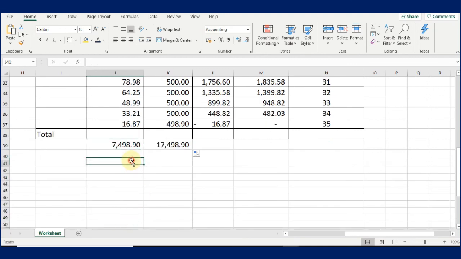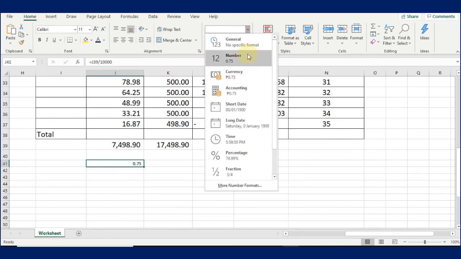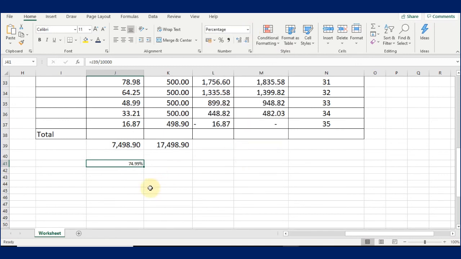So how much is that over your original amount of 10,000? So see, it's 75%. Okay, so from your original loan of 10,000, you have to pay 75% of that loan to your credit card.